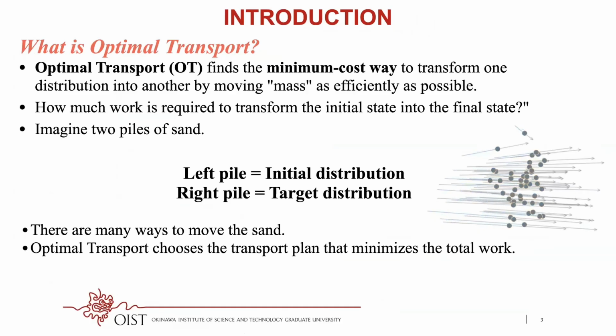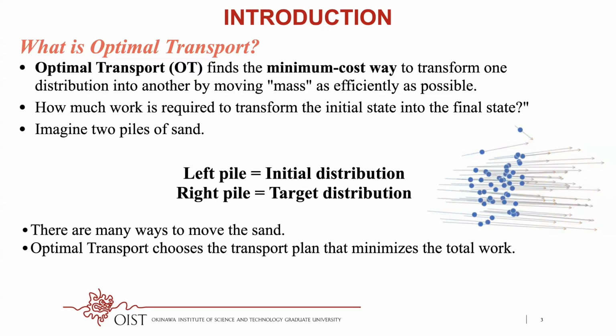So the first question is, what is optimal transport? Optimal transport finds the minimal cost way to transform one distribution into another by moving mass as efficiently as possible.